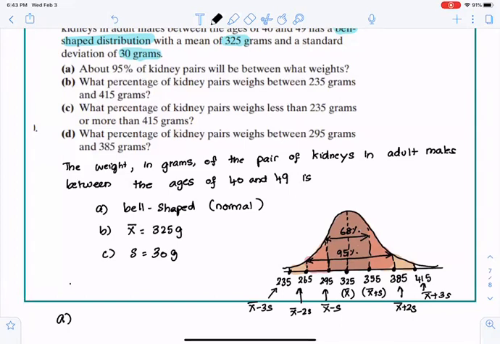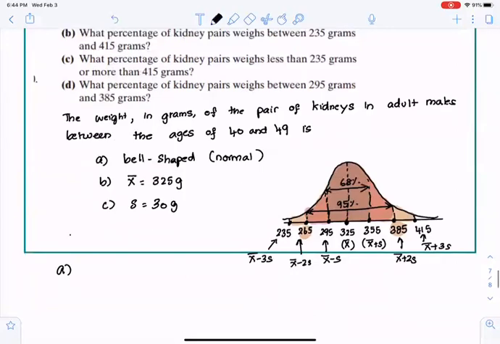Part A: about 95% of kidney pairs will be between what weights? Clearly, two standard deviations from either side. So we have 265 here and 385.